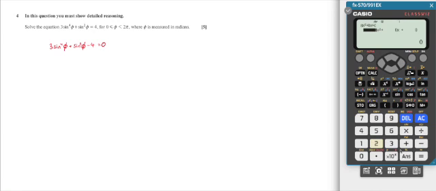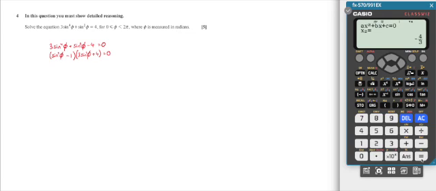So this is polynomial order 2. We have got 3, we've got 1, and we've got minus 4. That then gives me sine squared phi minus 1 as one of my brackets, and then 3 sine squared phi plus 4 equals 0.